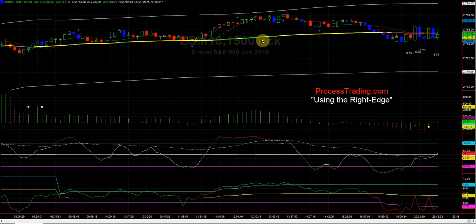So it's like 83.50 to 2790, like 5.5 points. At this point here, that was our only trend trade of the day. But with 5.5 points, that's basically all we needed.